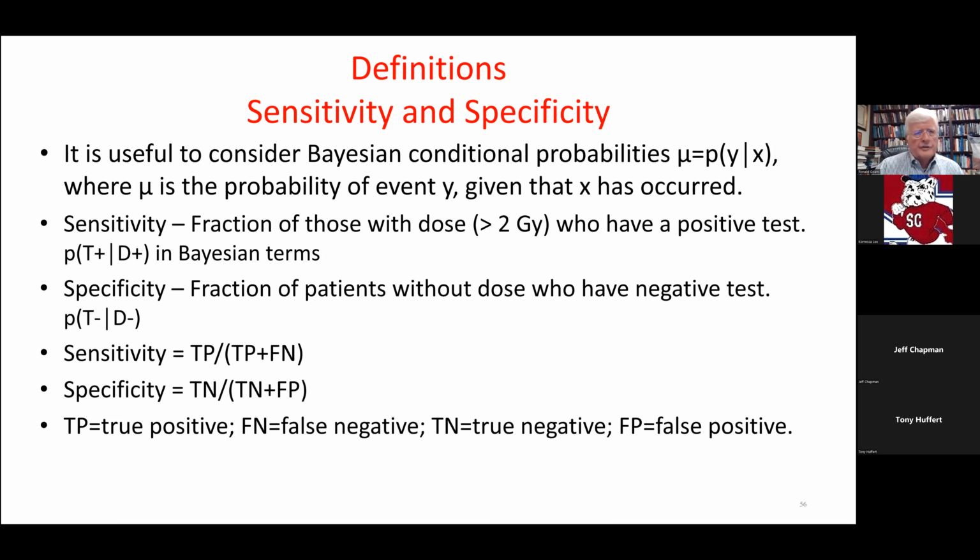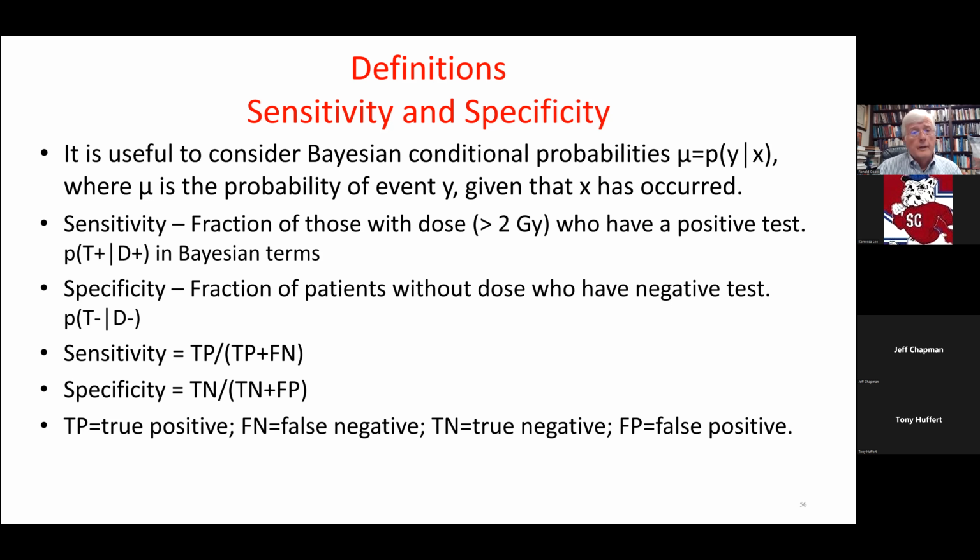The sensitivity of a test is defined in our situation here, using 2 gray as our threshold, as the fraction of those with dose over 2 gray who are positive for the test. So this means the probability that if you have a dose, D plus, then your test is going to be positive. If you have a dose, your neutrophil lymphocyte test is going to be positive.